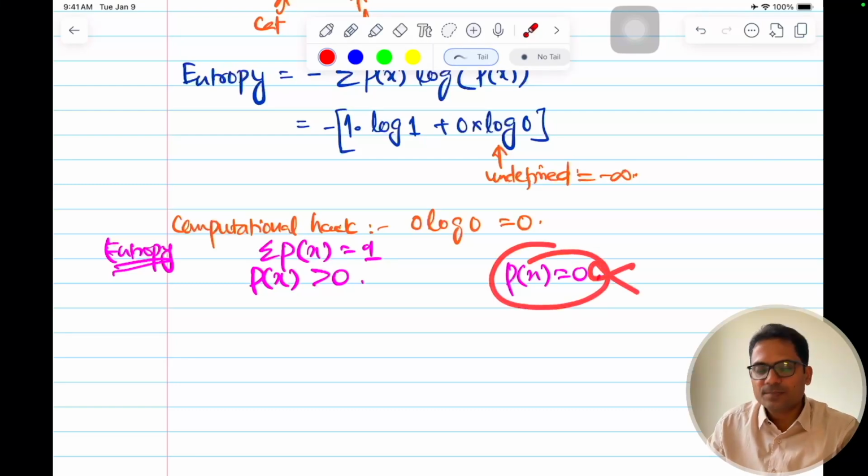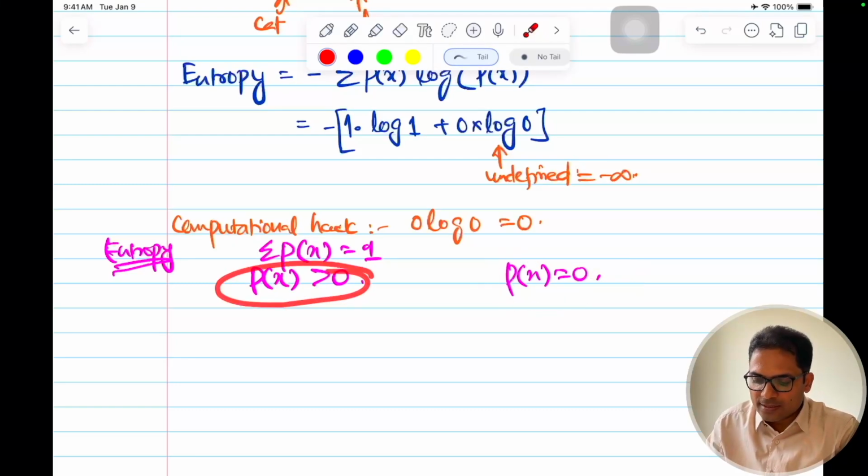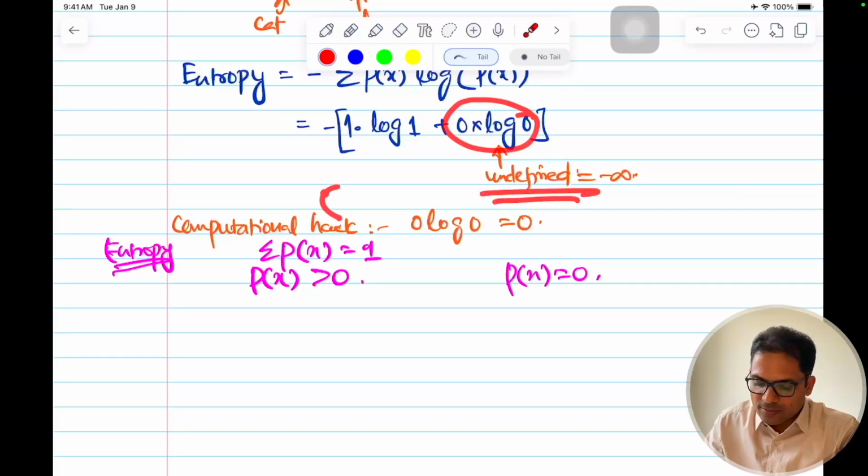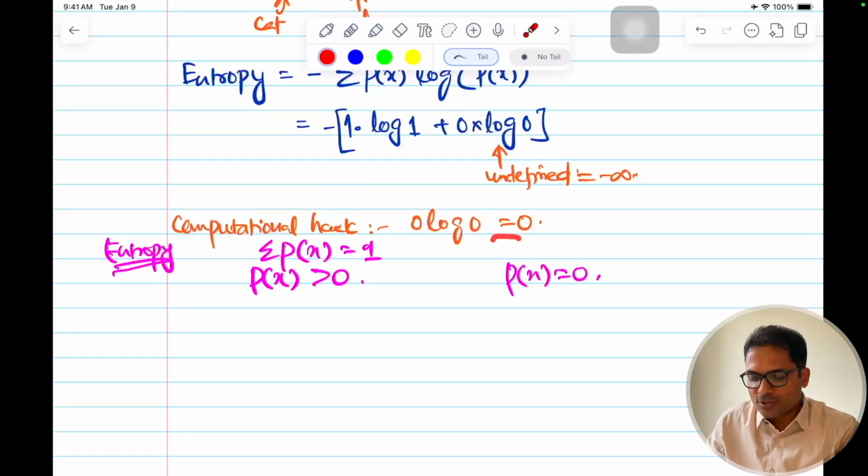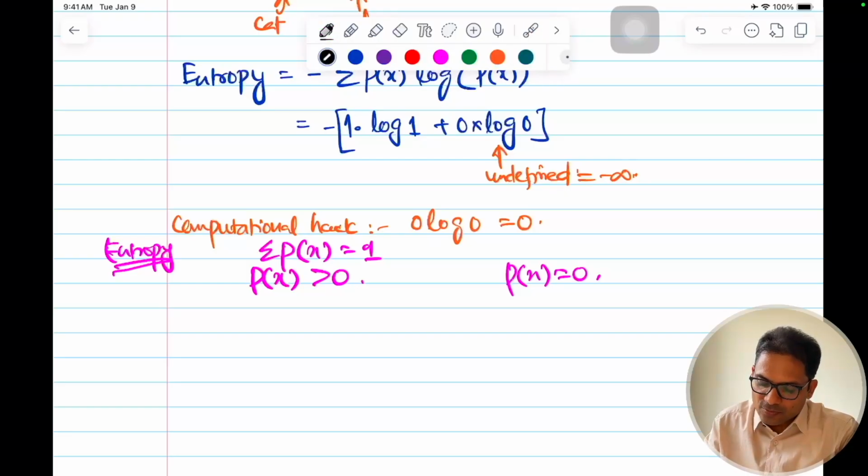But here, since we have encountered this, we'll say that 0 log 0 is equal to 0 and move ahead. Log 1 is equal to 0, as we have seen from the graph also. So H(P) is equal to 0.